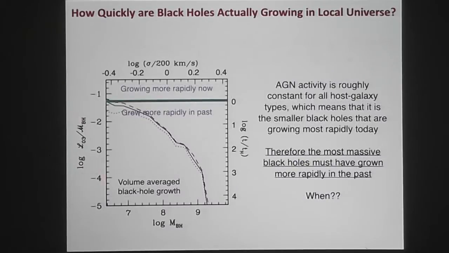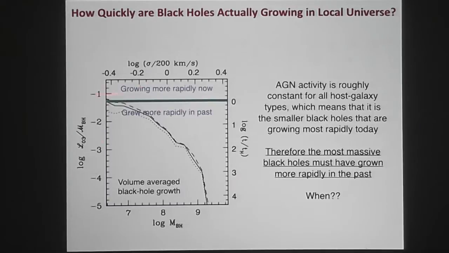If you look at the luminosity of things being produced now and the black hole mass, this gives you sort of a rough accretion rate. Most of the things were accreting at between sort of 0.01 and 0.1 times the Eddington rate. And so if you were to do that and sort of accumulate that up, you would find that most of the massive black holes had to have grown pretty rapidly in the past versus now.